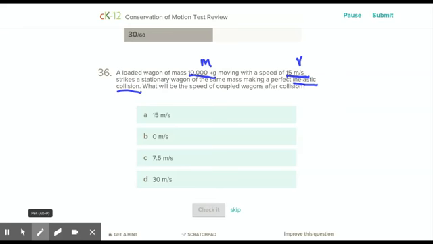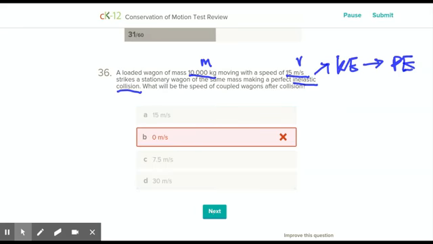And it also says perfectly inelastic. So in an inelastic collision, kinetic energy is converted to potential energy. And then in a perfectly inelastic collision, all the kinetic energy is converted only to potential energy. So perfectly inelastic means the thing's not moving anymore. All right? What will be the speed?